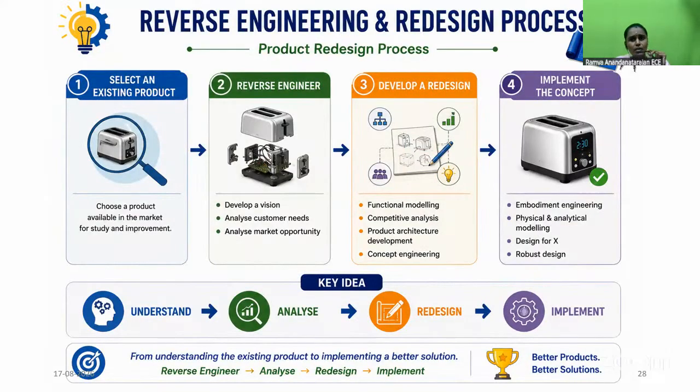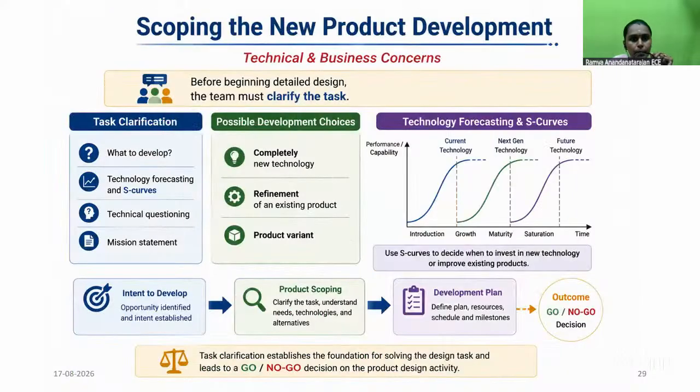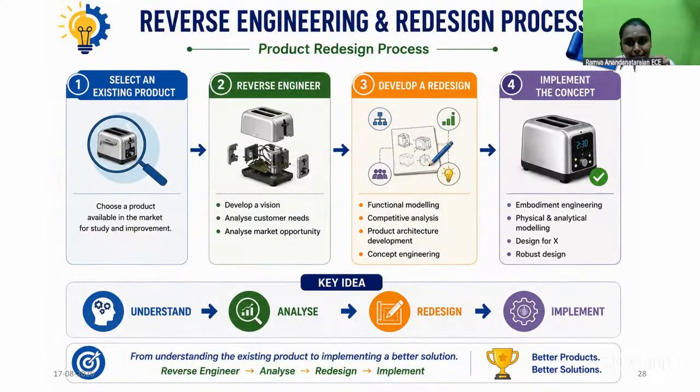Now let us see what the reverse engineering and redesign process is. You have to select an existing product, then do reverse engineering, develop, redesign, and implement the concept. For that, you need to understand the lab exercises properly.